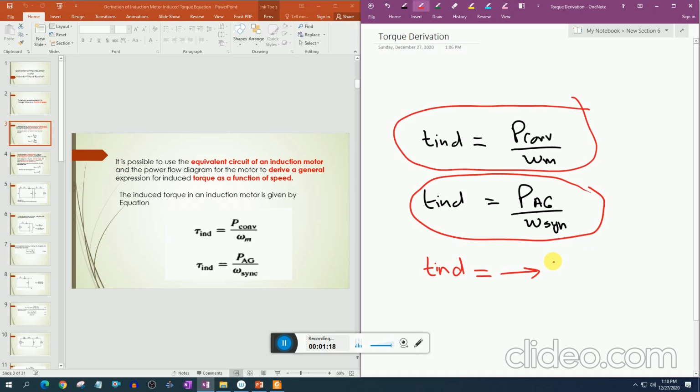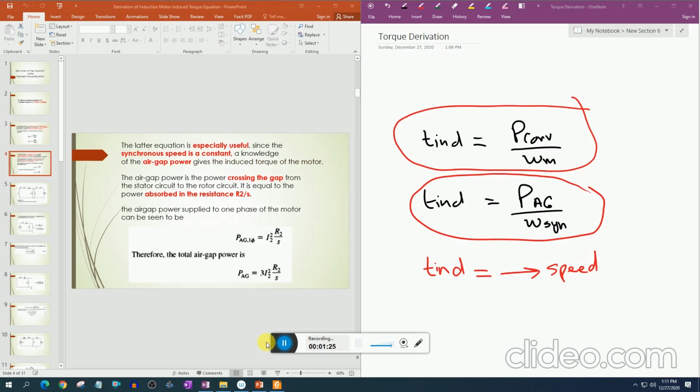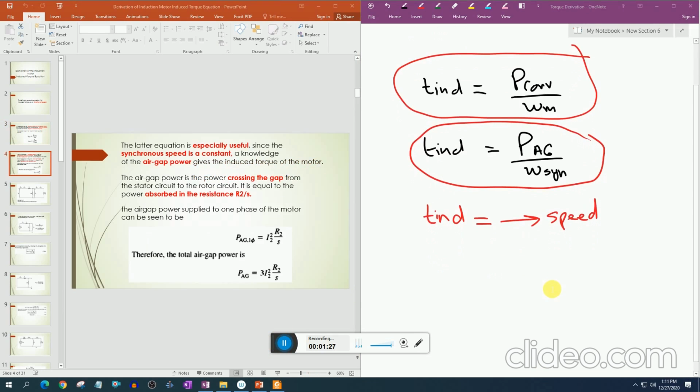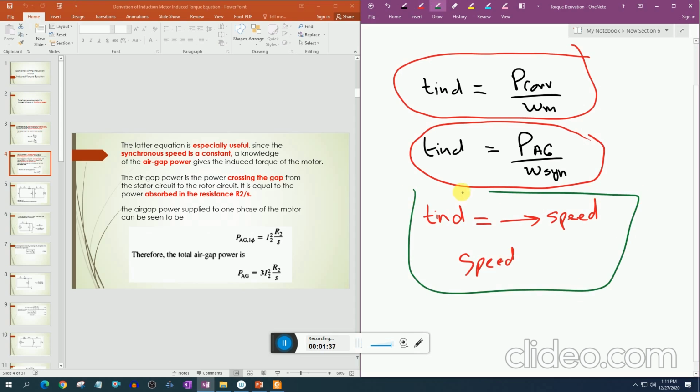Torque induced as a function of speed means when speed decreases, slip increases, and how does torque induced behave. So in this lecture we will derive that equation.